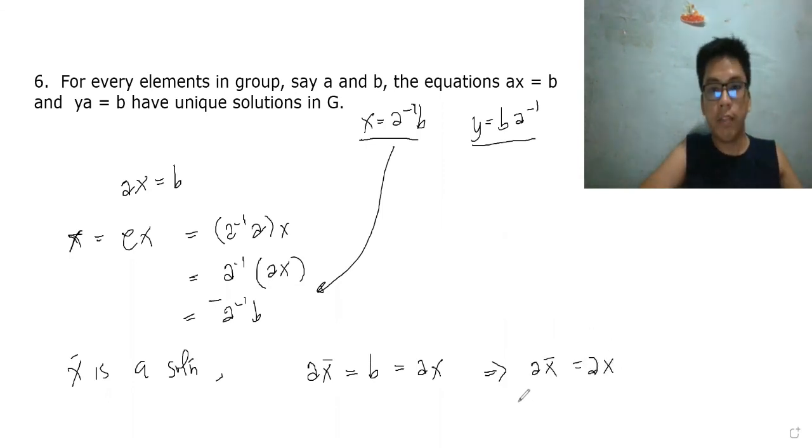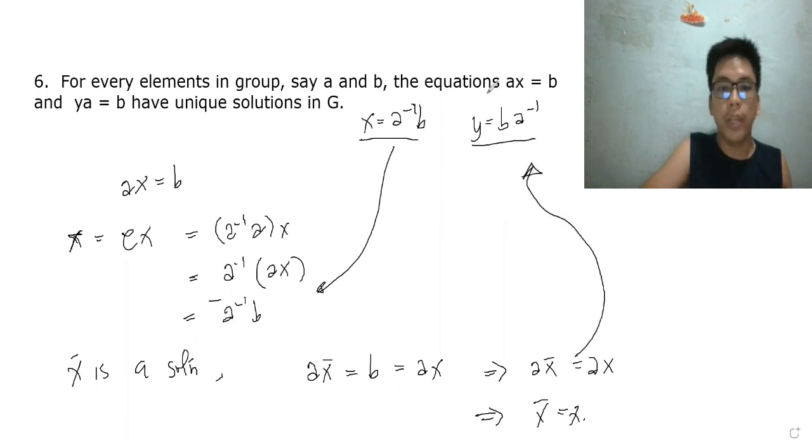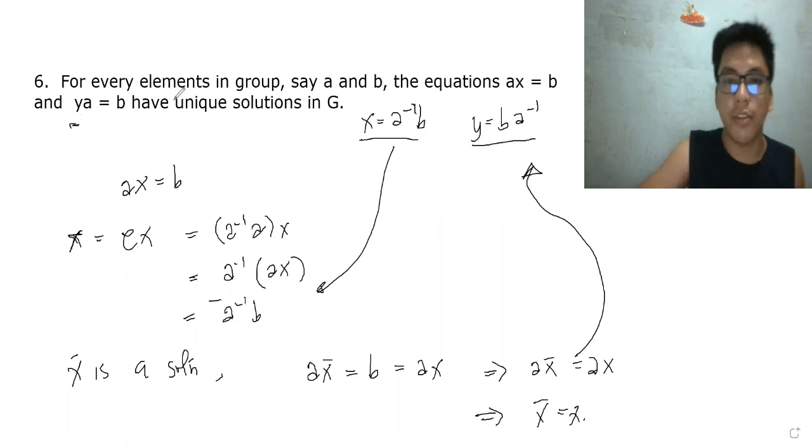Remember that we have shown in number 2 that the left cancellation holds, so I'm going to cancel left of these. So X bar is equal to X. That means it has a unique solution because they're actually the same. The same happens when we show that the other equation also holds for having a unique solution.